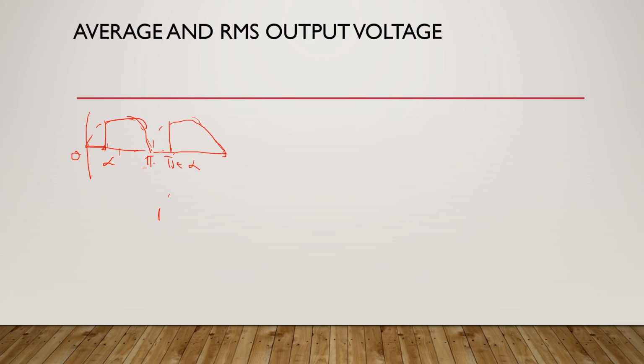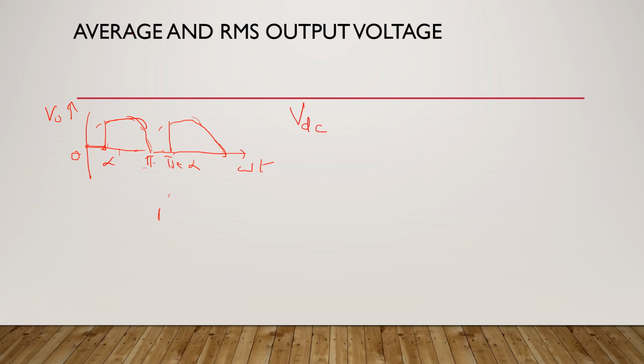This is basically how your output voltage waveform is going to look. So this is my output voltage across the load, VO, versus omega t, and I'm going to derive the expression for the average value.